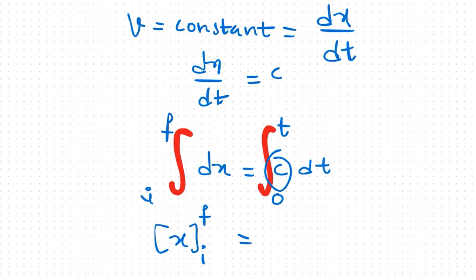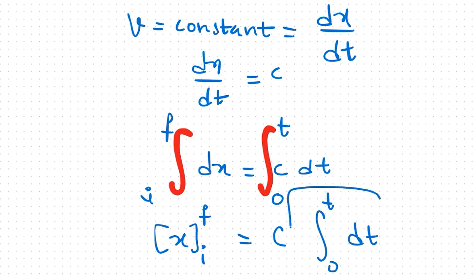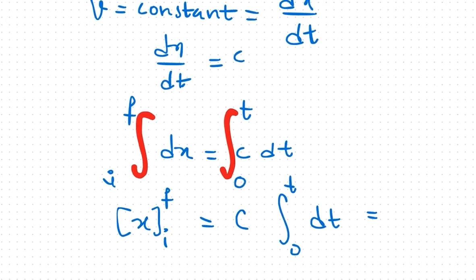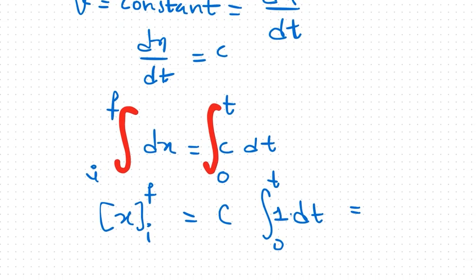C is the constant, correct? So C comes out. Integral of dt, if nothing is mentioned, 1 dt, will be t. So C into t, from 0 to t. That is how we have written that.